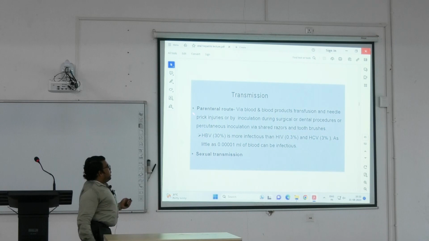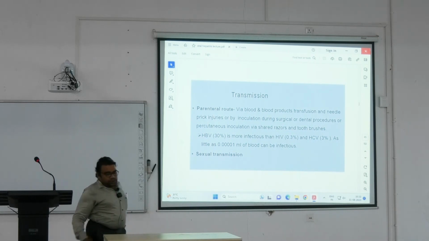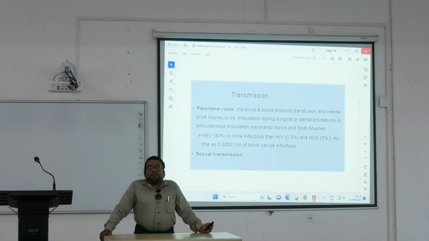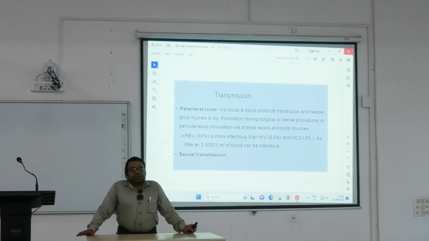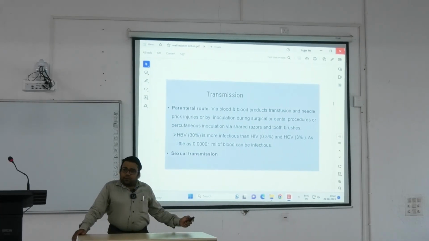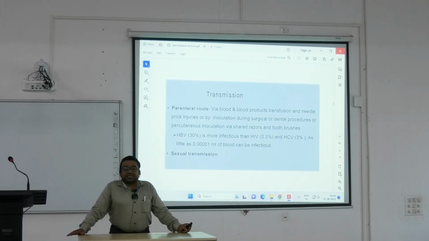Transmission is predominantly by parenteral route and sexual transmission. Just understand this, that the possibility of getting infected through blood or blood products is much higher in case of hepatitis B as compared to HIV.